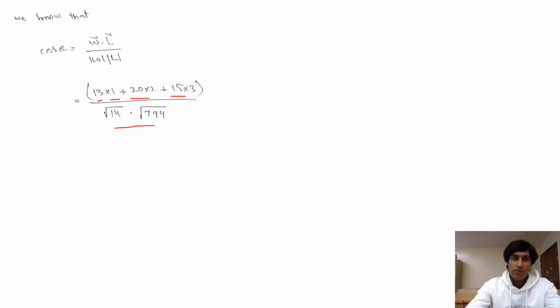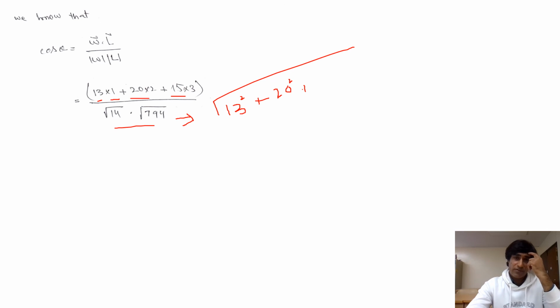We take the square of the coefficient of the first term, then the square of the coefficient of the second term, similarly the square of the coefficient of the third term of the angular momentum. When you solve this, you will get square root of 794.